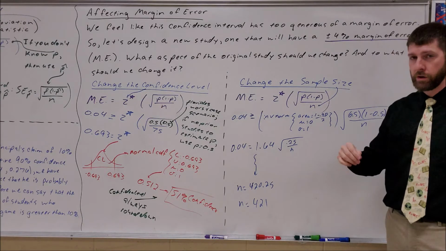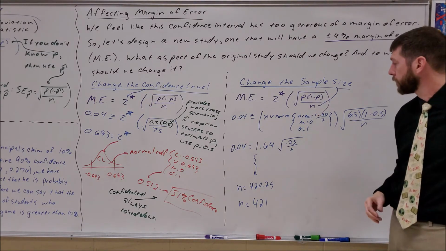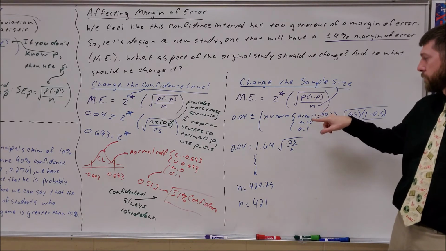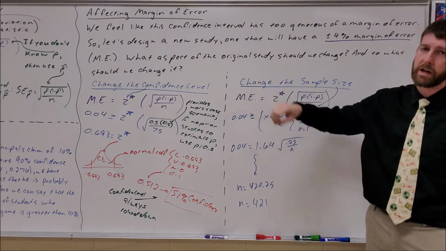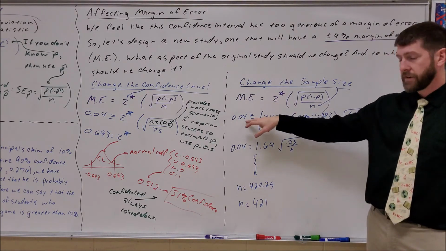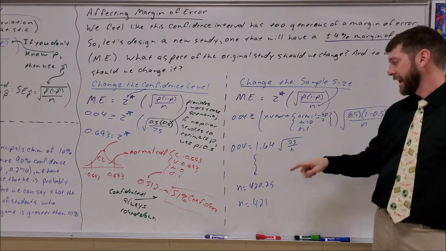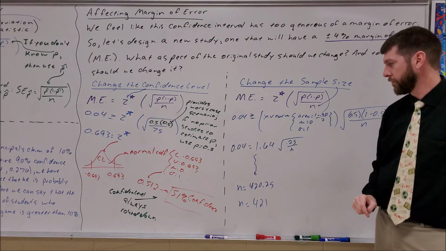We've talked about that before. Small samples have greater variability. Large samples have smaller variability. So if I have a smaller sample size, then I have a bigger variability, which gives me a bigger product, which gives me a bigger margin of error. So because I've got to stay under that 0.04, I have to have at least 420.25.